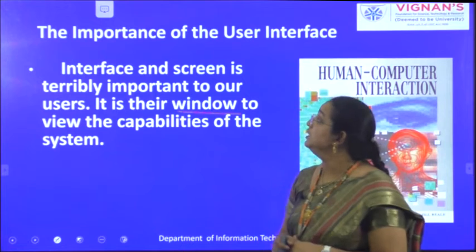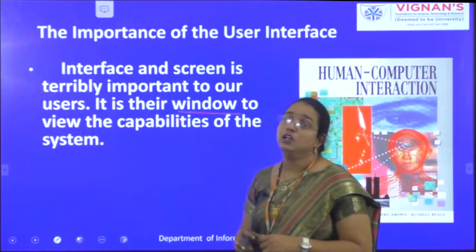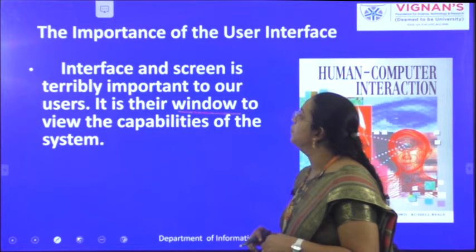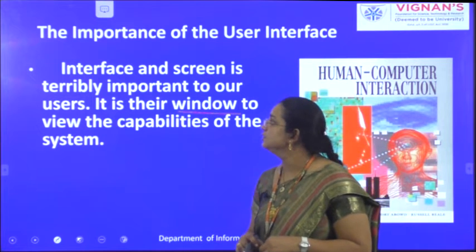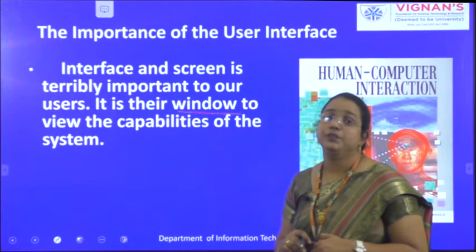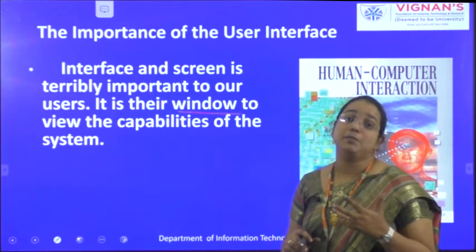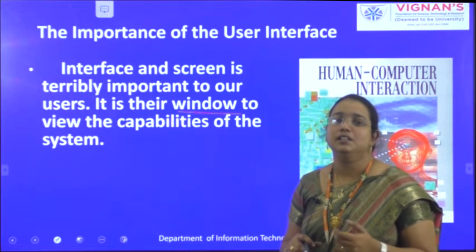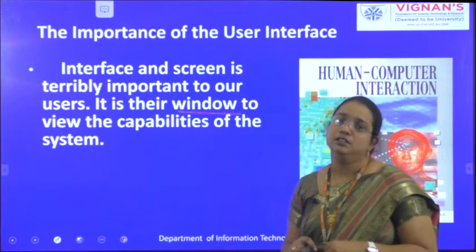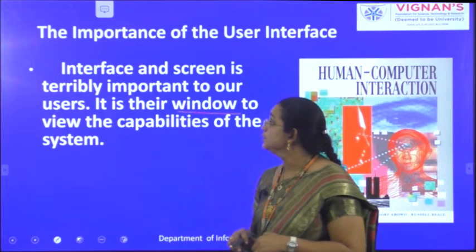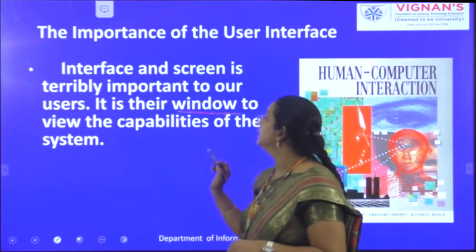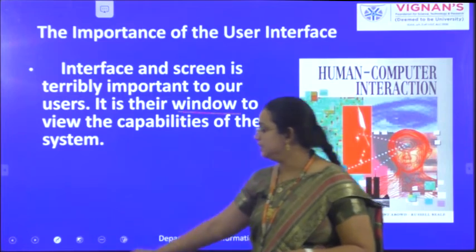The screen acts as the intermediary between the computer and the human.